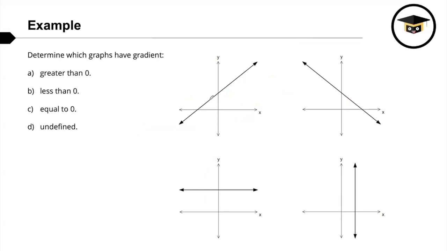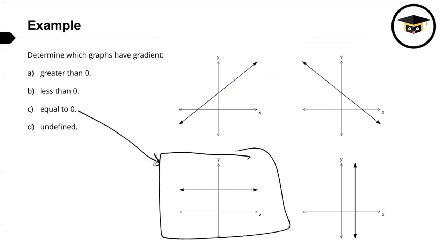So remember, greater than 0 means it's pointing upwards as we're going from left to right, okay? Less than 0 means we're pointing downwards as we go left to right. Equal to 0 would be a flat line. So we can already say that this one here is going to be equal to 0. Undefined, that means, so let's just do a quick little sketch here. So we agree that lines pointing this way are negative, less negative, flat, so 0, positive, more positive.